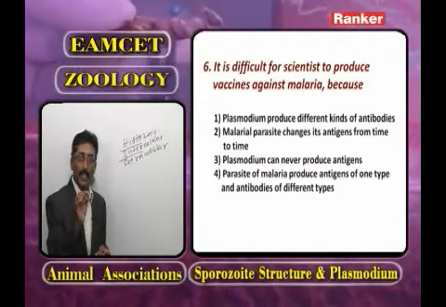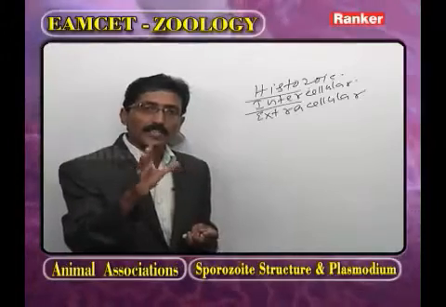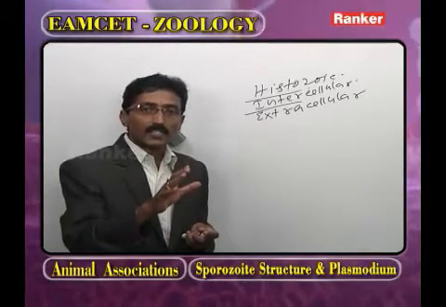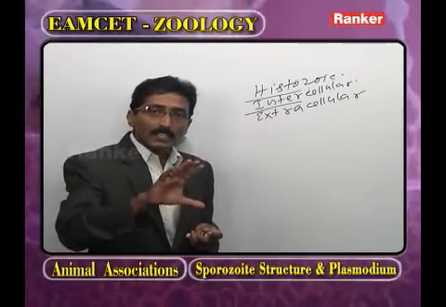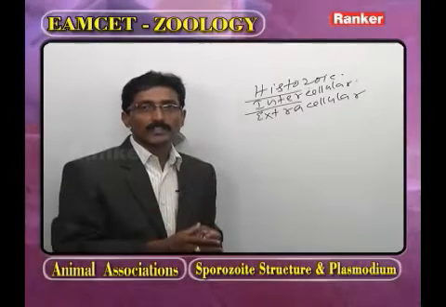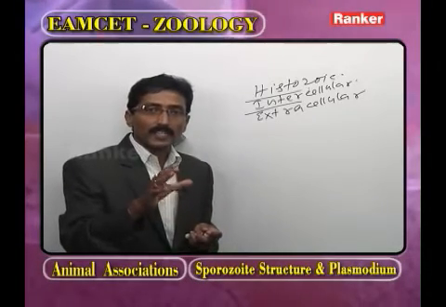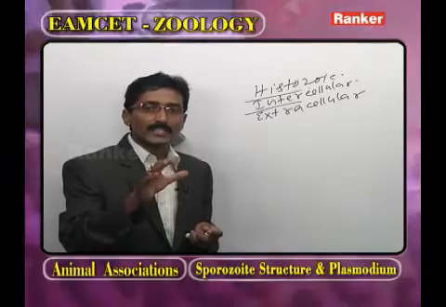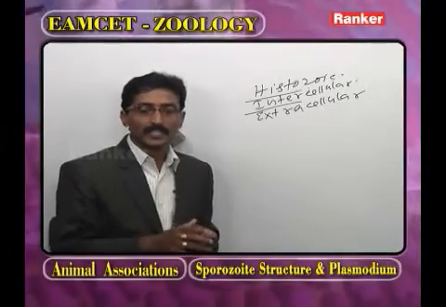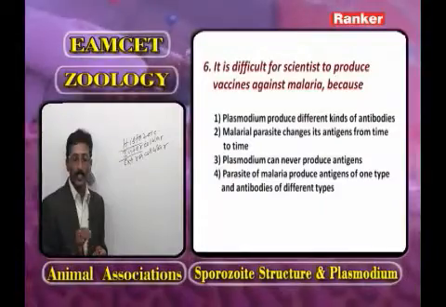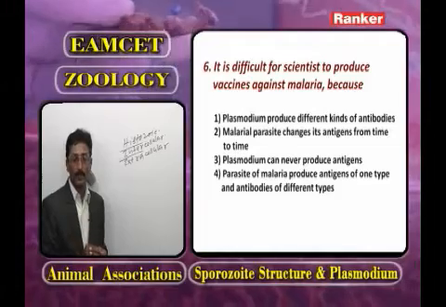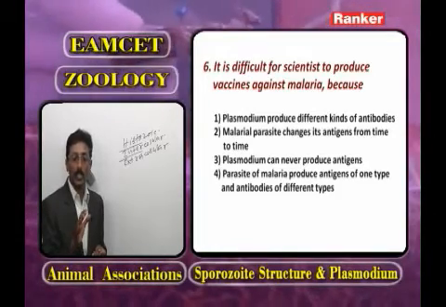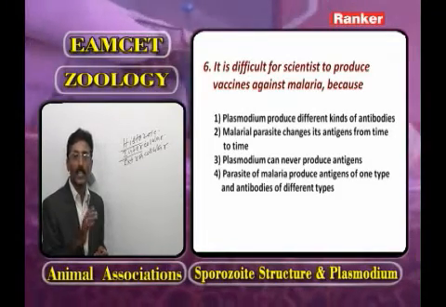Because of the parasite, the body size increases; the sexual nature modifies; a new tissue develops. All these are discussed in the effects of the parasite. But what is the question here? It is difficult for scientists to produce vaccines against malaria.